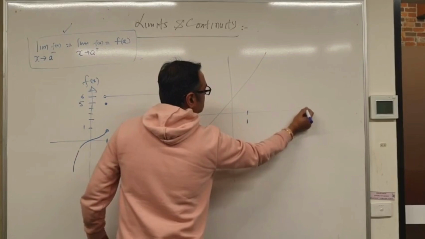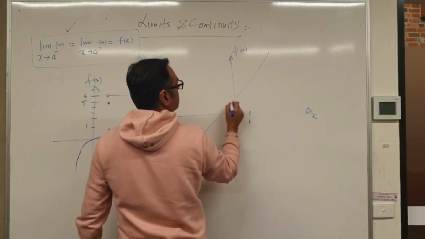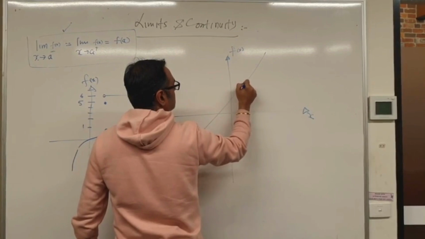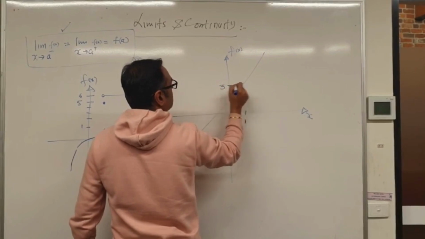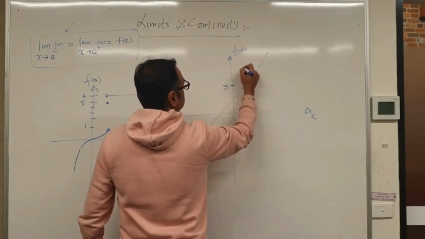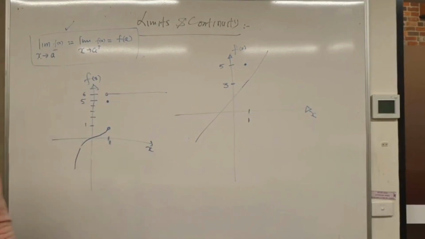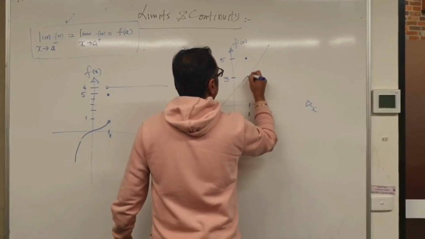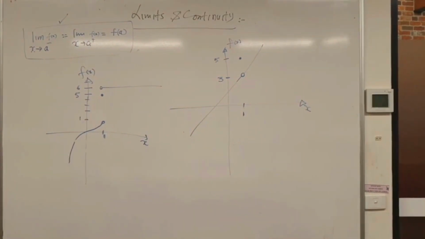This is 1, obviously this is x, this is f of x, and this is, let's say, 3. Tell me, is this function continuous?